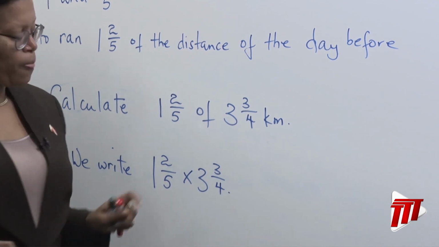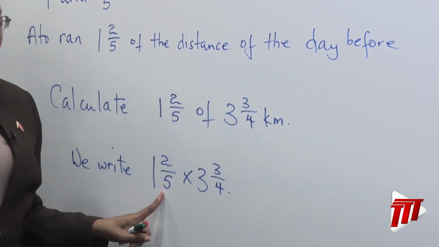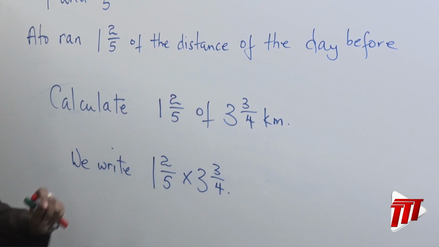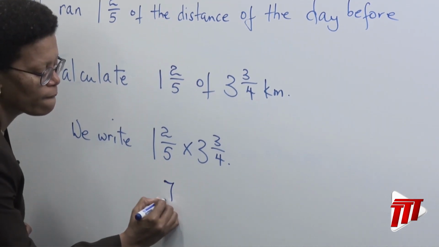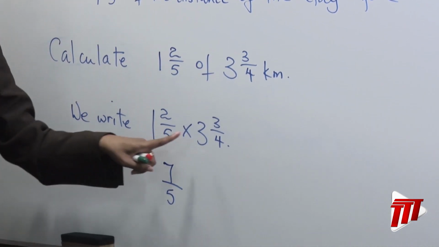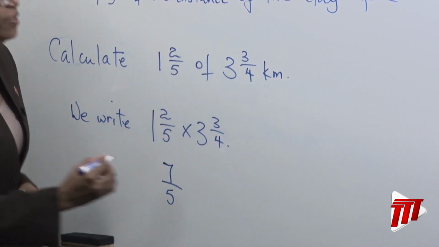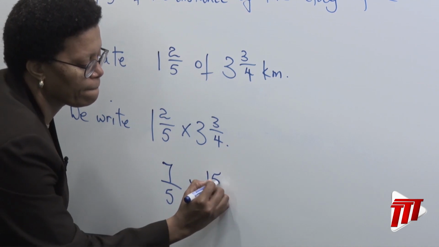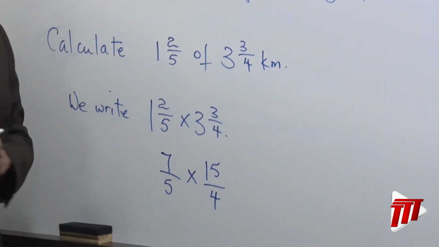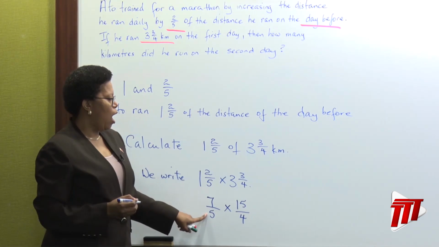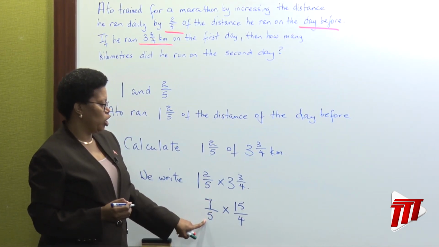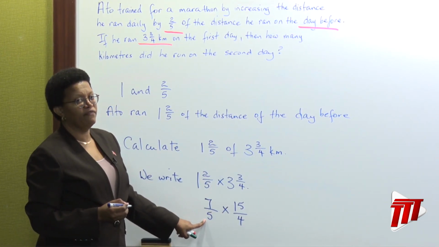Let's do that. 1 multiplied by 5 is 5 plus 2 is 7. 3 multiplied by 4 is 12. 12 plus 3 is 15. Our numerator and our denominator, they both have a common factor of 5.